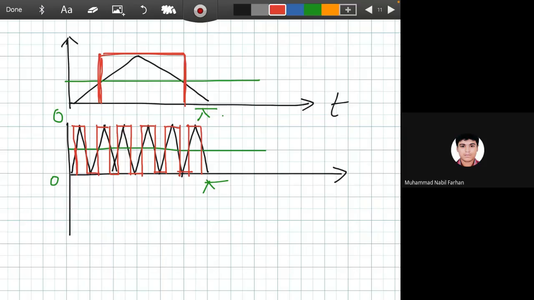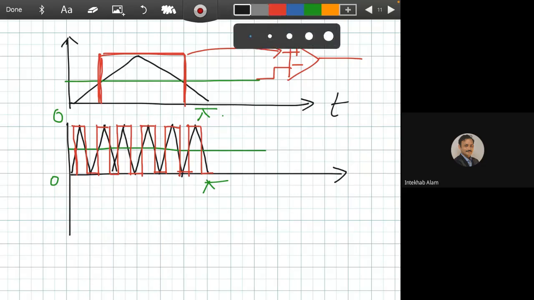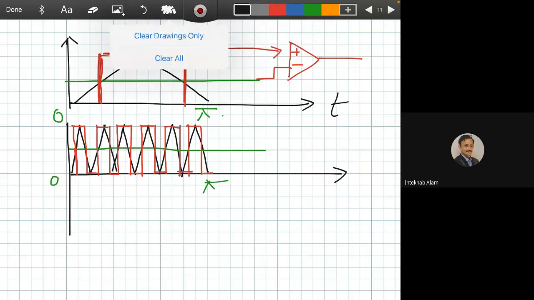I have applied a logic circuit. Here we have a logic circuit like this one. If the green one is connected in here and the red one is connected in here, what will you get as the output? Sorry, not the green one, the black one.